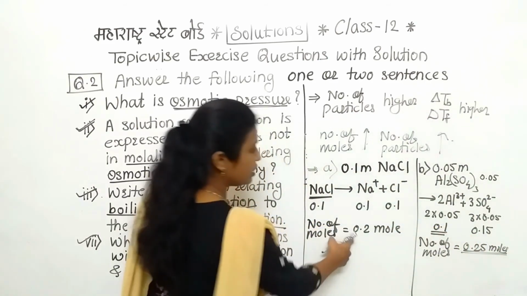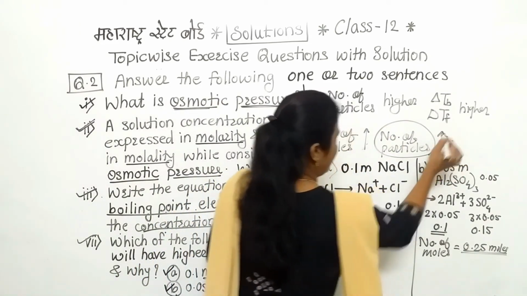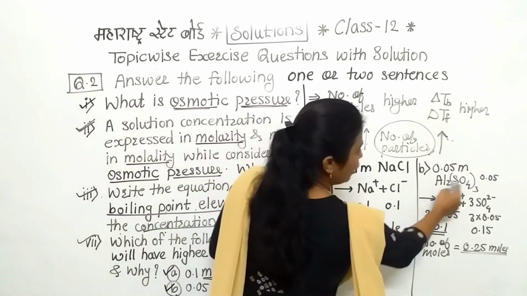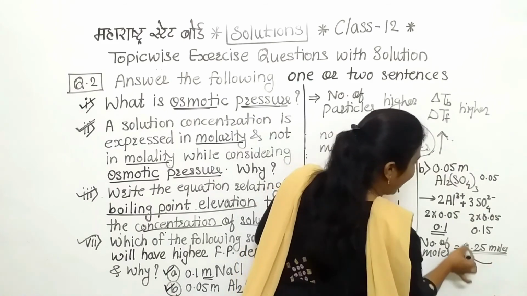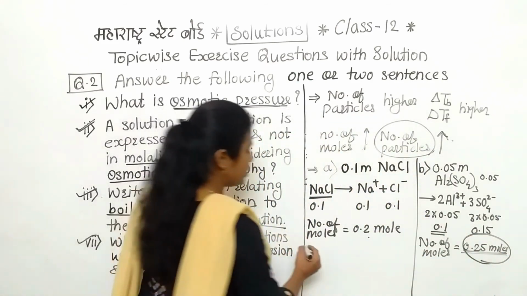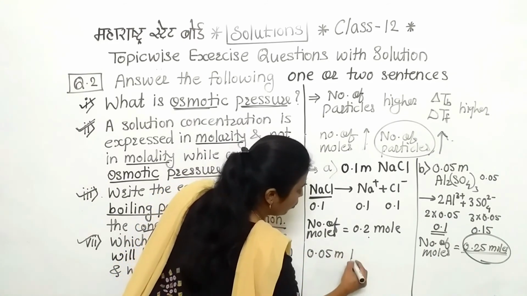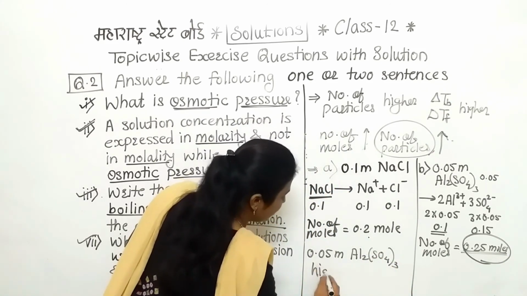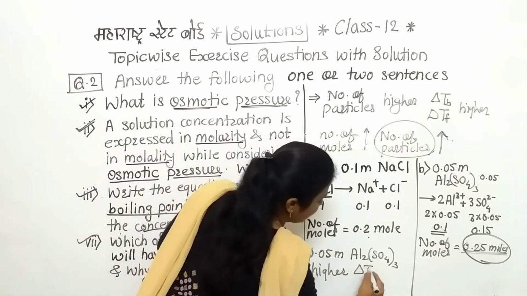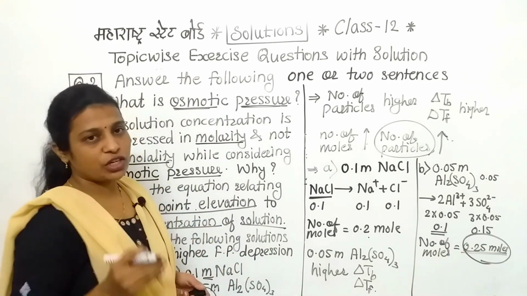So those having the number of moles in a higher value will also have a higher number of particles. If we observe NaCl and aluminium sulfate, the number of moles of the aluminium sulfate is higher. It means 0.05 moles of Al2(SO4)3 has the higher delta Tb as well as higher delta Tf, meaning higher elevation in boiling point as well as higher depression in freezing point.